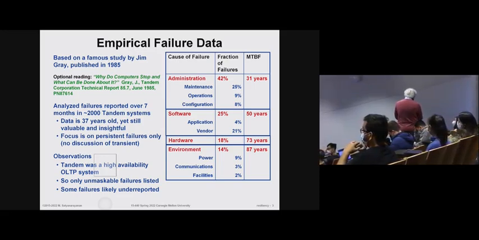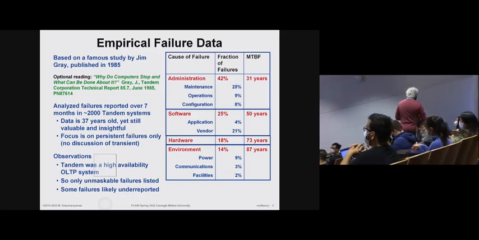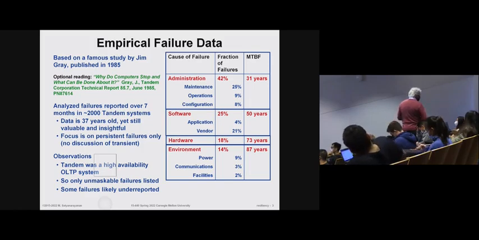Well, if they just shut it down for maintenance, that's not considered a failure. But if they're supposed to add a new user and they mess up, and as a result the system is unavailable to anybody for 12 hours, that is an error directly attributable to administrative error. That's what that is referring to.